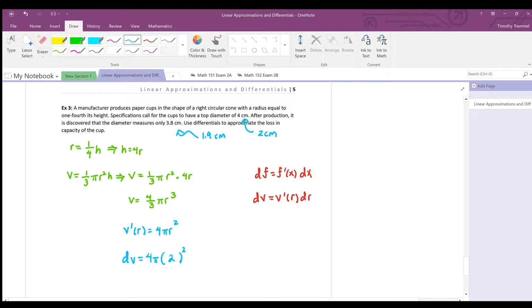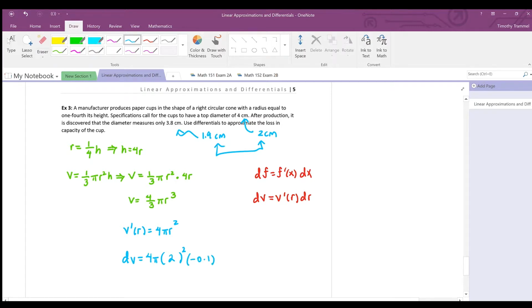So the change in r is 0.1 centimeters, going from one to the other. Now the question is should it be 0.1 or minus 0.1? And here's what's going to give us an idea on that. We're going from 4 centimeters to 3.8 centimeters. That's a decrease, so what that means is this dr needs to be negative. So we're going to have minus 0.1.